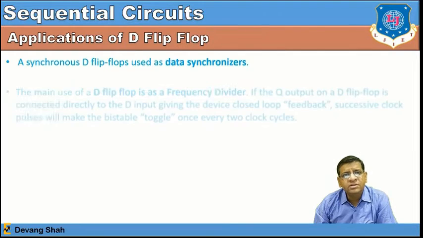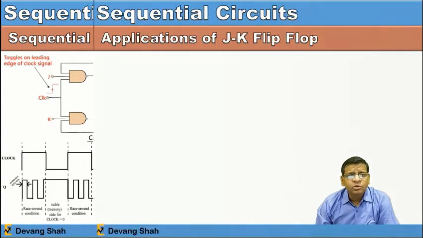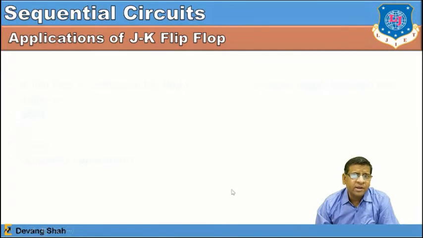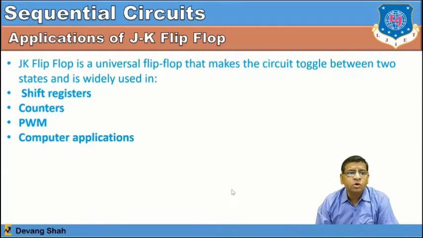Further, we will discuss the application of the J and K flip-flop. The J and K flip-flop is nothing but the universal flip-flop that makes the circuit toggle between two states. This is a very important application.